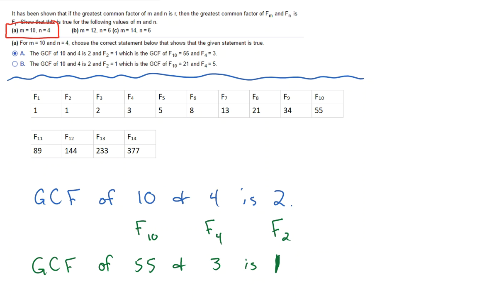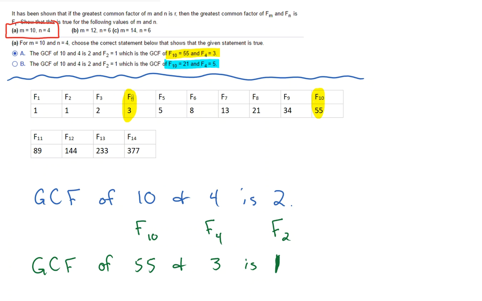So here in the second part of the sentence, they're saying the GCF of f sub 10 equal to 55 and f sub 4 equal to 3. And that differs from the second sentence of f sub 10 equal to 21 and f sub 4 equal to 55. Well, f sub 10 is 55. Let me do that in yellow so the colors correspond. F sub 10 is 55 and f sub 4 is 3.